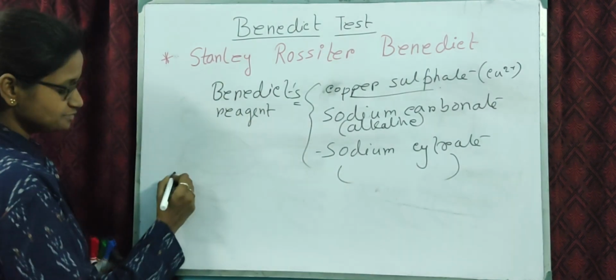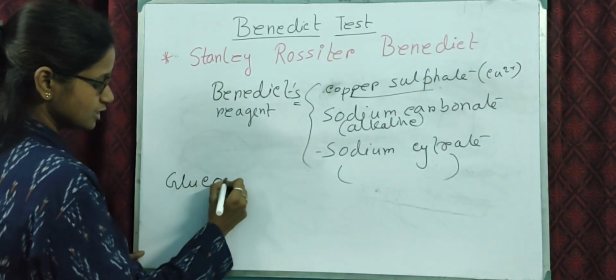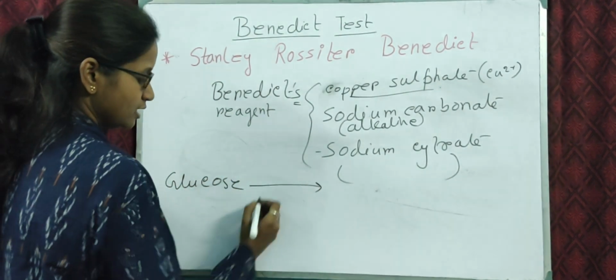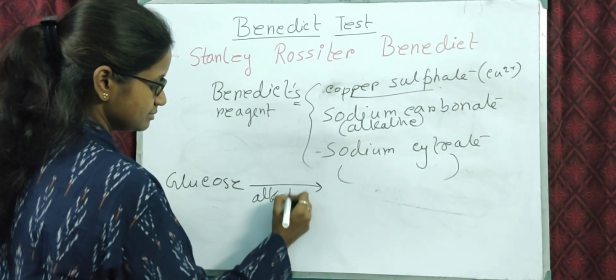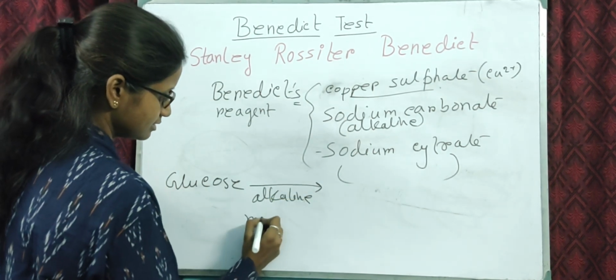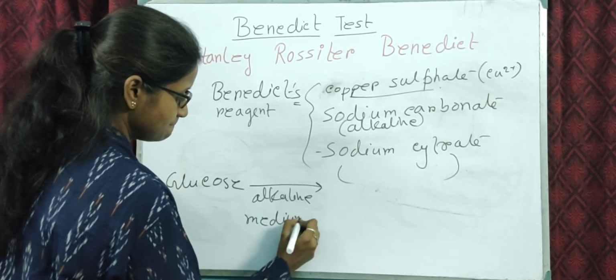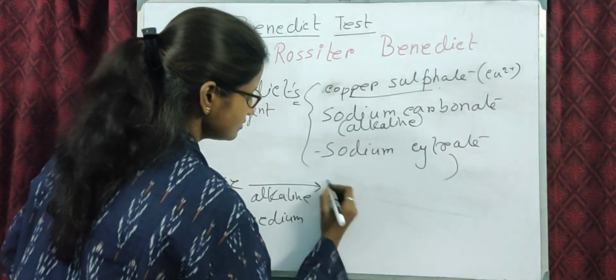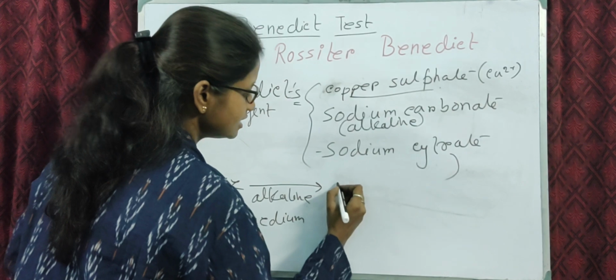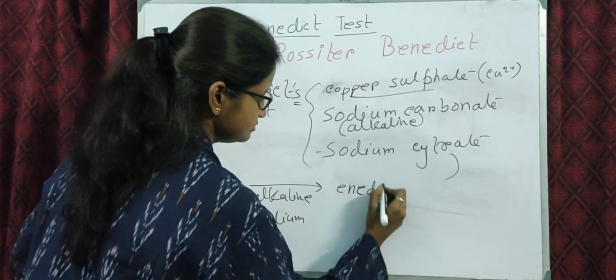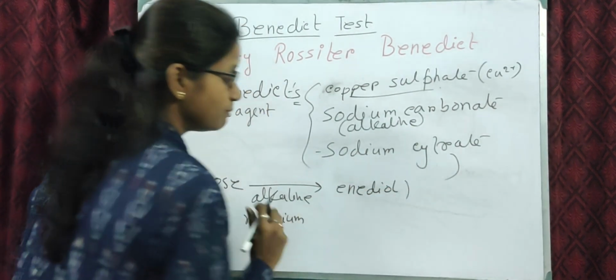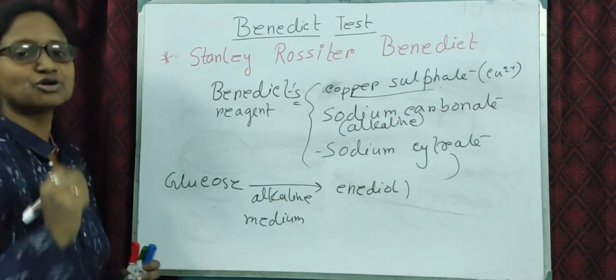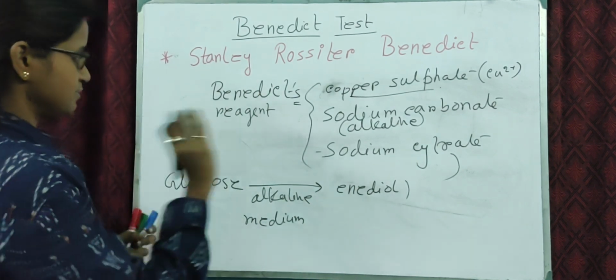If the reducing sugar is glucose, in an alkaline medium it forms an enediol by tautomerization. Now what is tautomerization? I must explain here.